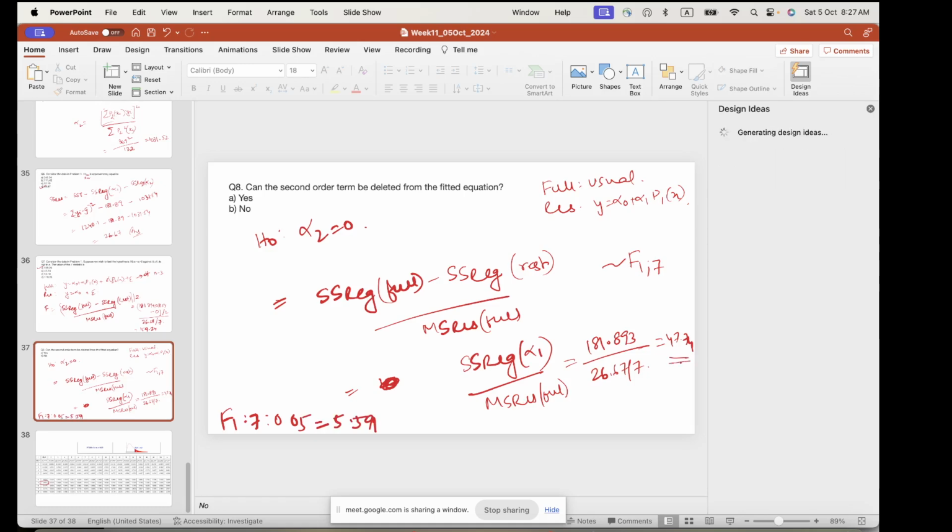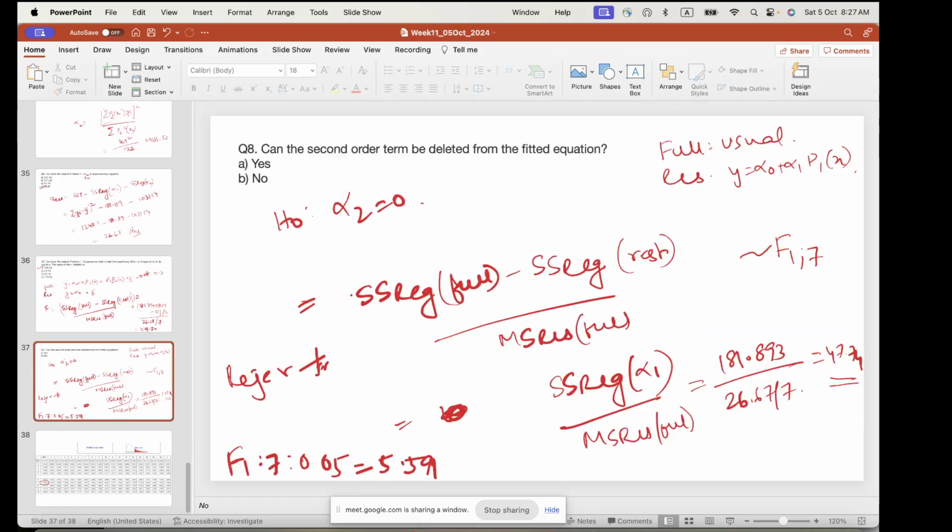So since this one is way more than this one, we reject H naught. Okay, and what was H naught? Therefore we reject H naught: alpha 2 equal to 0. So what does that mean? Can we delete the second order fitted term? We cannot, because it is so significant. So answer is no.